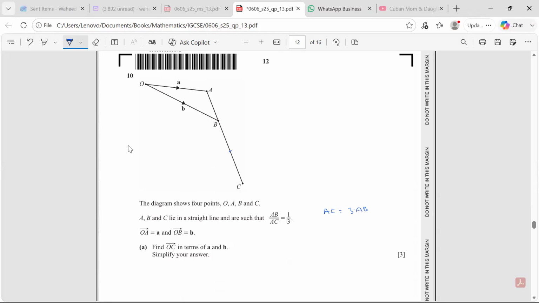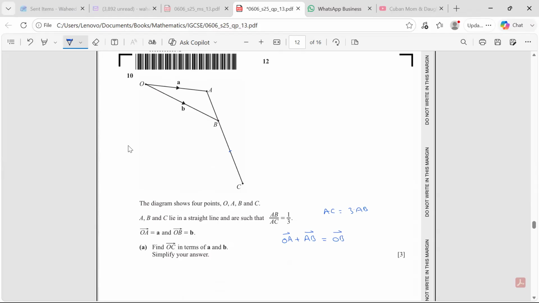Now find OC. From O to C, if I make it a straight line, then we need to find the value. First of all, do you agree that OA plus AB is equal to OB?